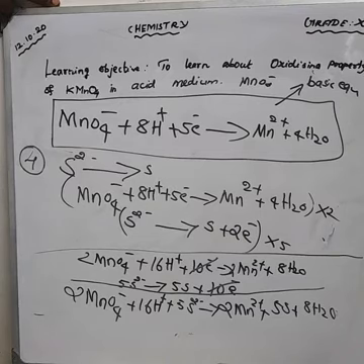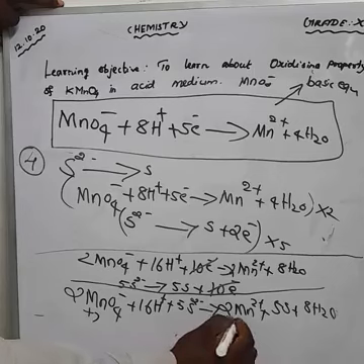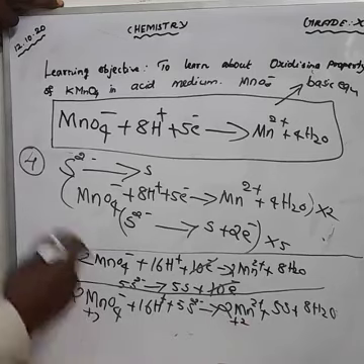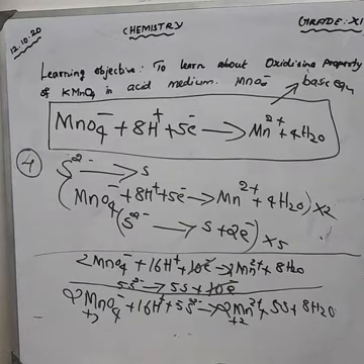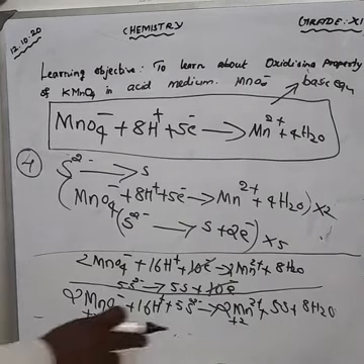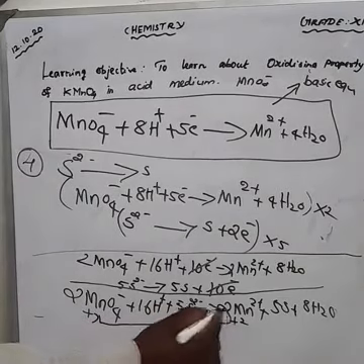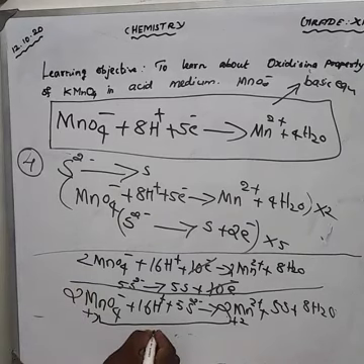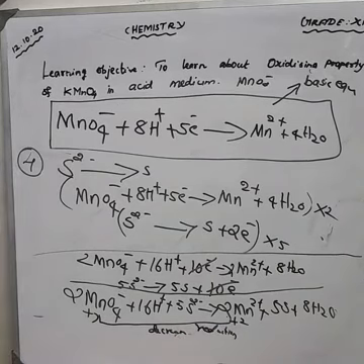Next, please tell the oxidation and reduction. This is +7 and this is +2. So +7 to +2, is it decreasing or increasing? It decreases, so it is reduction.